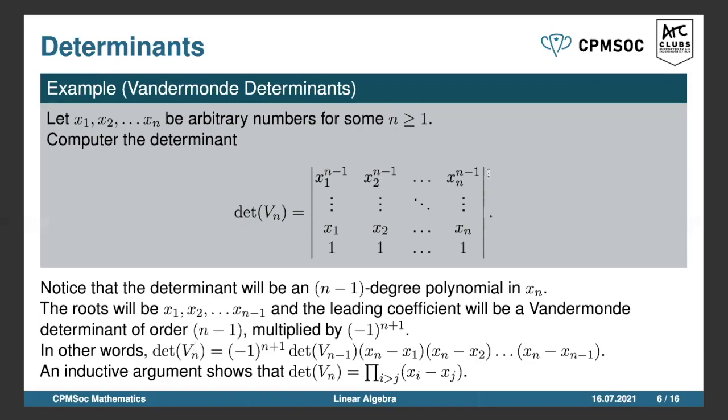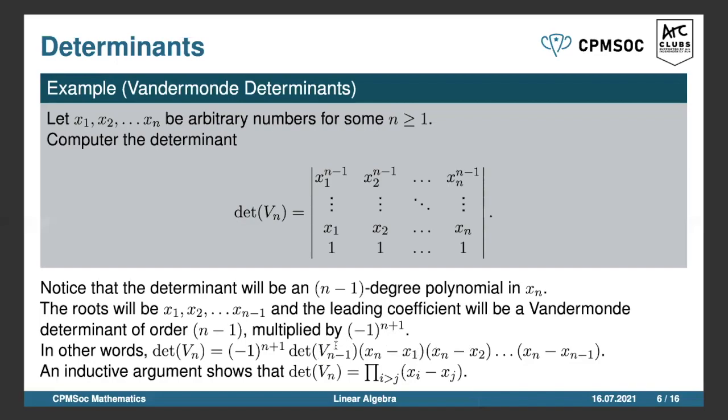And if we repeat this recursively, we're writing this determinant of Vandermonde order n in terms of the determinant of Vandermonde order n-1. And if you expand this out, you're going to have xn minus x1 as a factor, xn minus x2, and so on up to xn minus x(n-1).